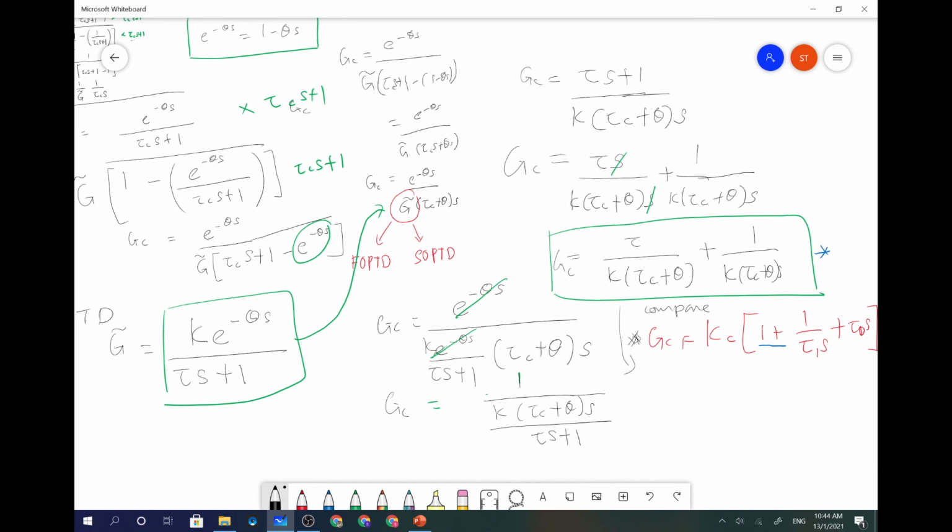Put it as GC equal to tau over K tau C plus theta times 1 plus. We factorize this, print out. Factorize over. This is quite crucial.